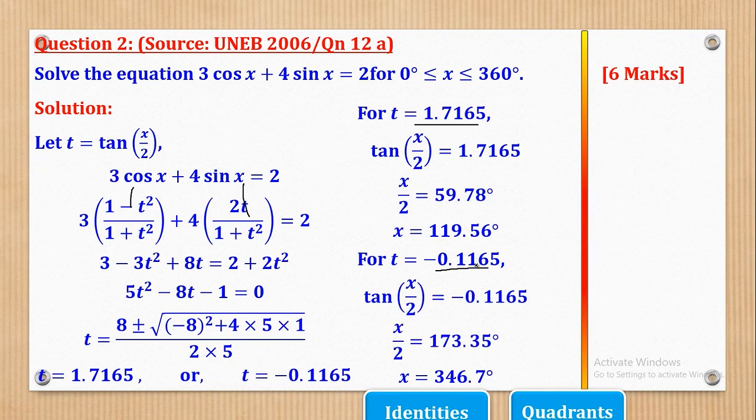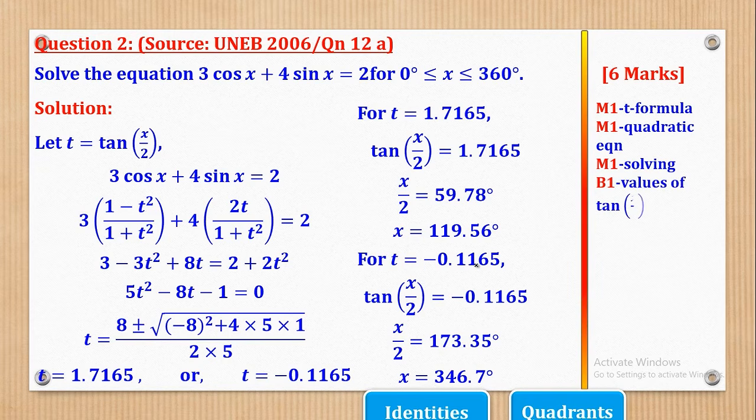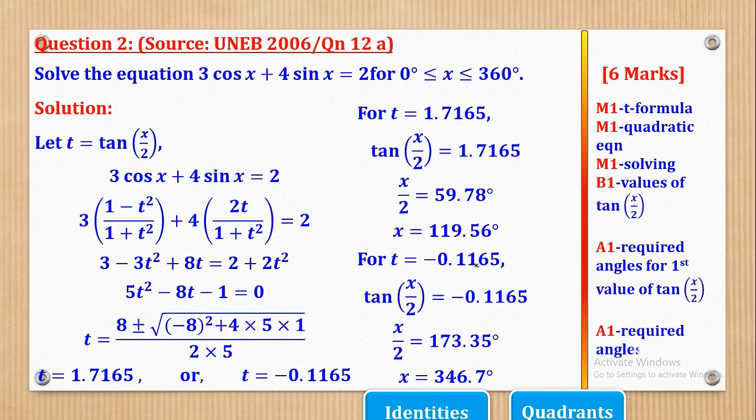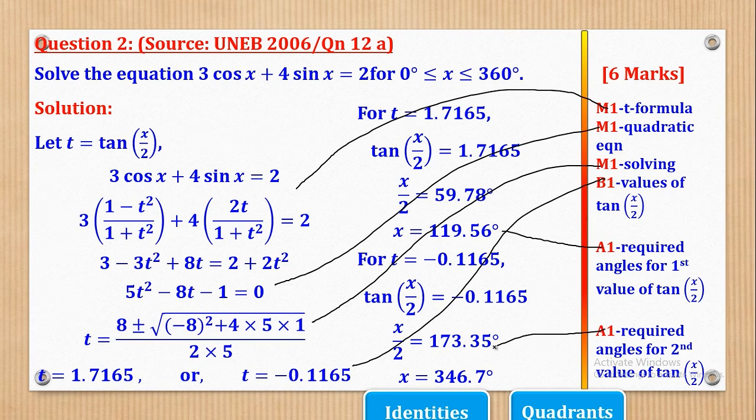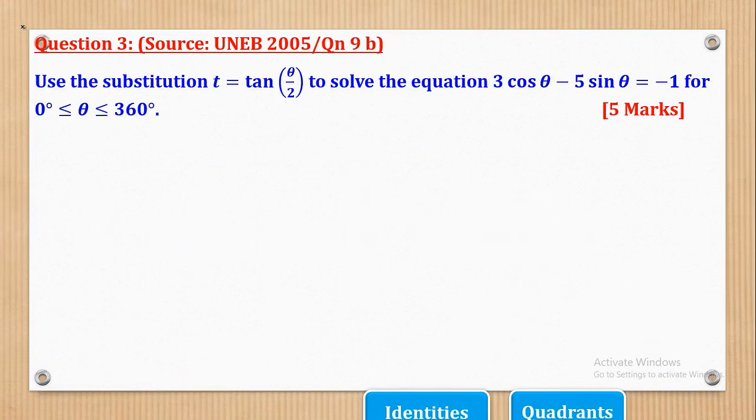So basically that's what they wanted, and now let's see how much can be awarded. M1 for the t formula, M1 for the quadratic equation, M1 for solving, B1 for the values, A1 for this angle, A1 for that angle. So that was question 2.